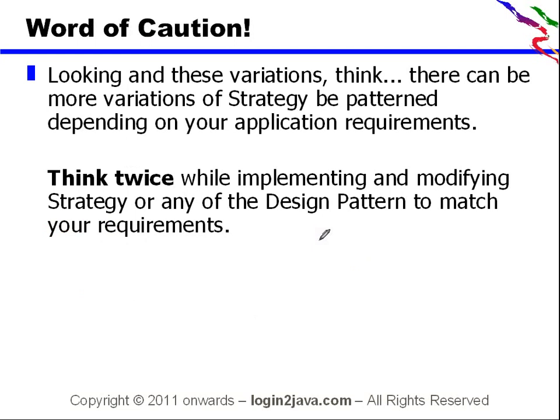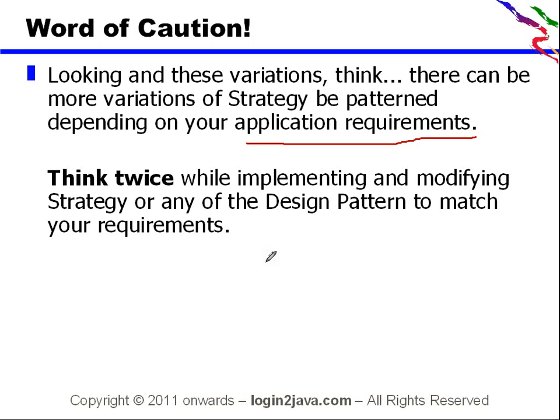So looking at these variations, there can be more variations of strategy, or maybe some other patterns can be derived depending on your application requirements. So think twice while implementing and modifying strategy or any design pattern to match your requirements. What I mean to say is, a lot of code is available around, either on the net or in books or in some already coded program.